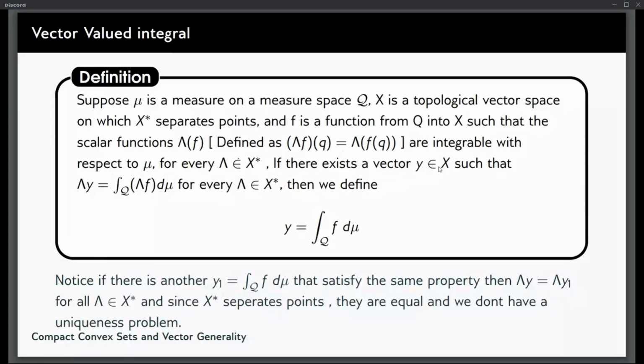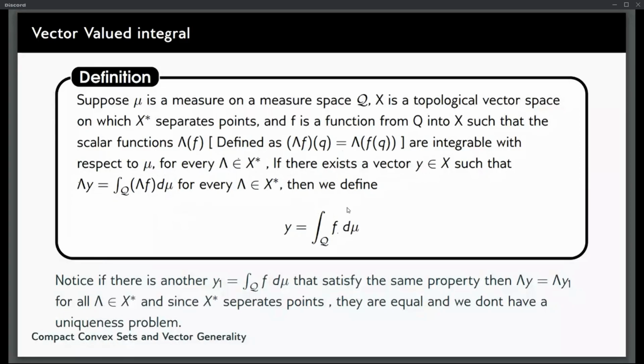If there exists a vector y in X that satisfies lambda of y equal to the integral of lambda of f for every lambda in X star, then we define y to be the integral of f. So this is how we define it. And we're going to show two things basically.